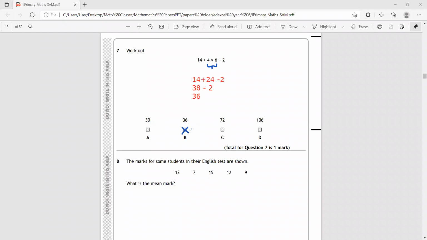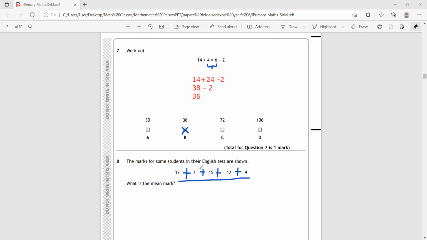The marks for some students in their English test are shown. What is the mean? Another name for mean is the average. You add all these and divide by the number of terms.